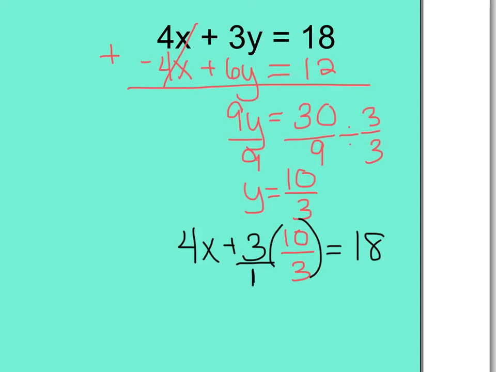If you don't notice that, you could go 3 times 10, which is 30, over 1 times 3, which is 3, and 30 divided by 3 takes us back to 10. So again, the canceling says, I notice that these are the same. So now I have 4x plus 10 over 1, which would just be 10, equals 18.